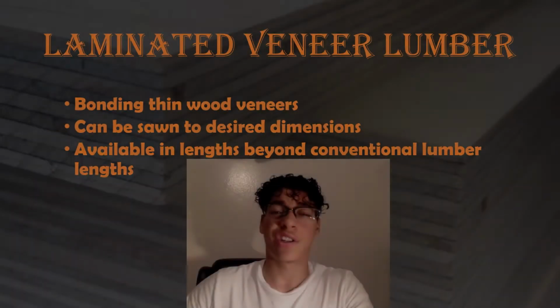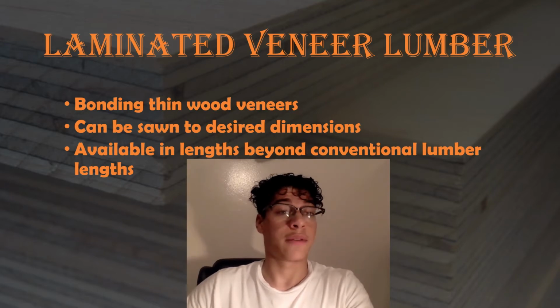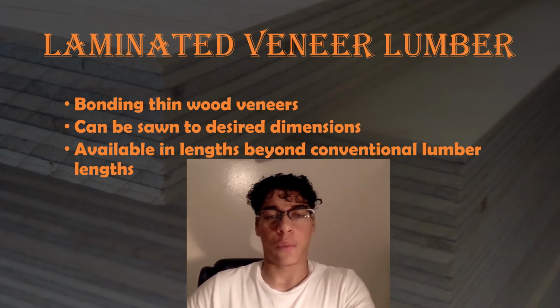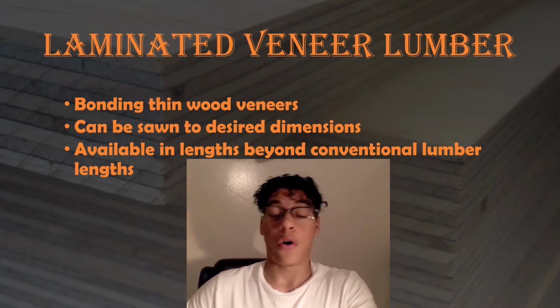So let's get it. Alright, so just to put it out there, veneer is a thin covering of wood, and just remember that. In this slide, I will be diving into laminated veneer lumber, which is produced by bonding thin wood veneers all together in a large chunk of wood so that the grain of all veneers is parallel with the long direction of the wood itself.